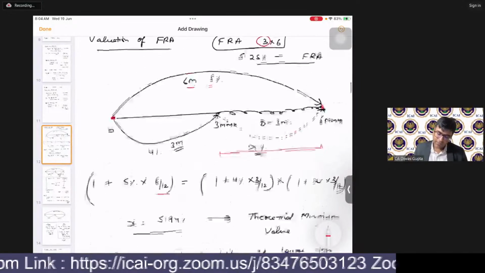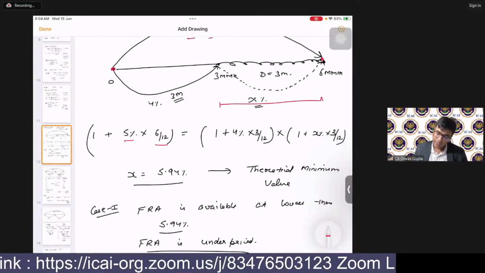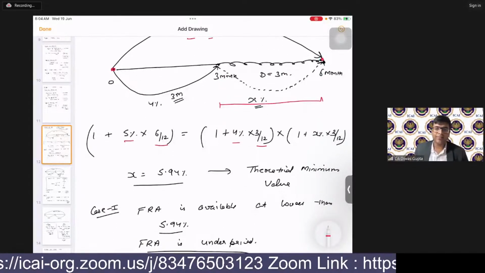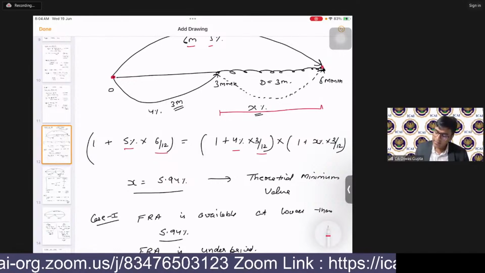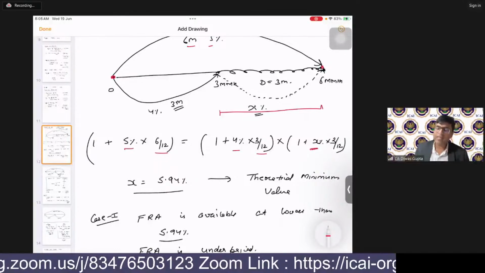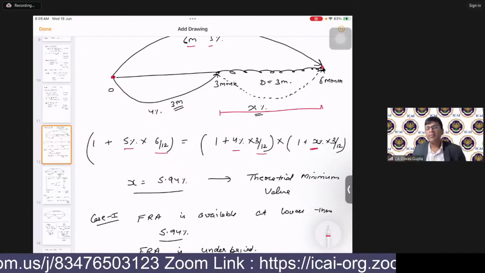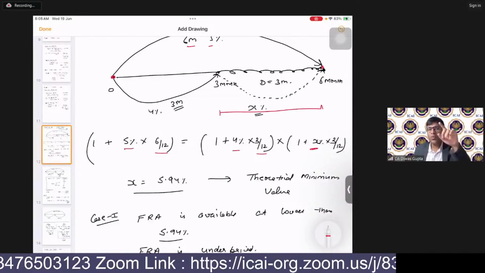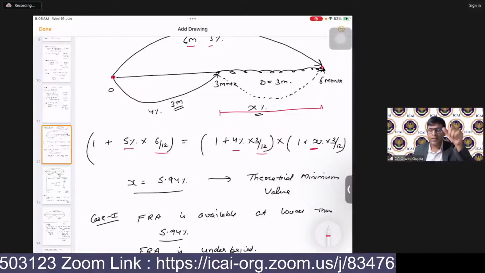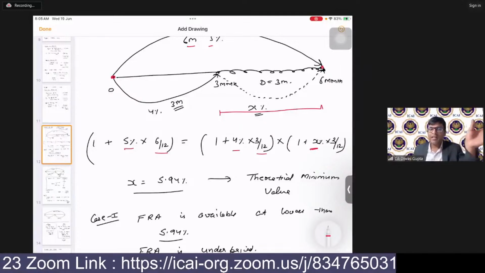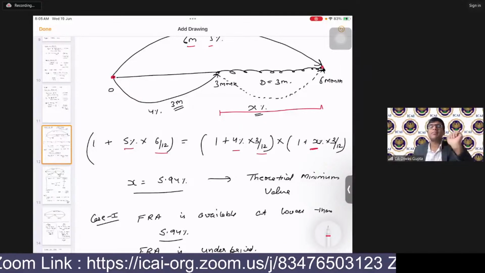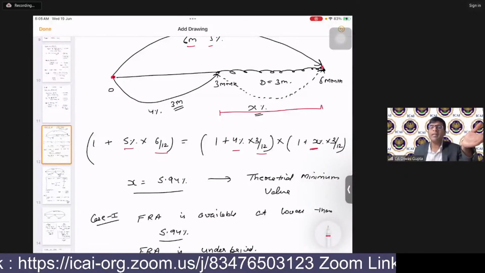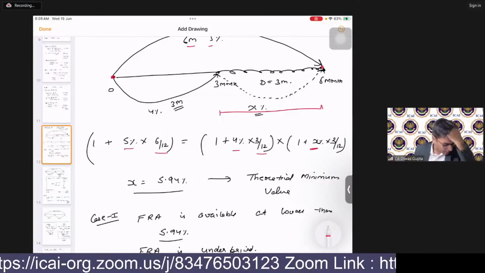So here it is. For 6 months, the interest rate is 5%, students. For 3 months, the interest rate is 4%, right? And for the next 3 months, let's assume it to be X. The moment you do this, we are just equating the two legs, 0 to 3 and 3 to 6, to the 6 months interest rate, right? That is how the market will be in no arbitrage position.